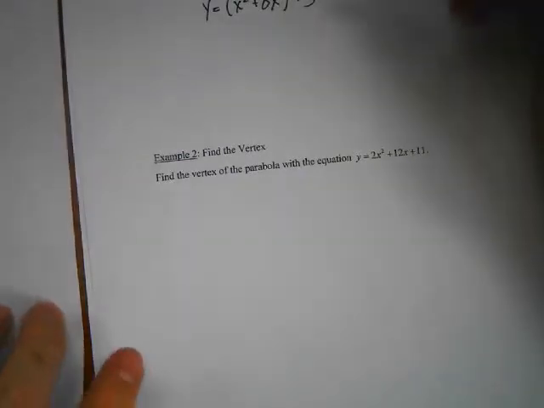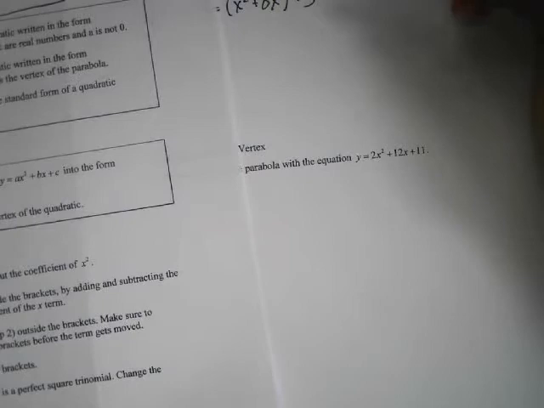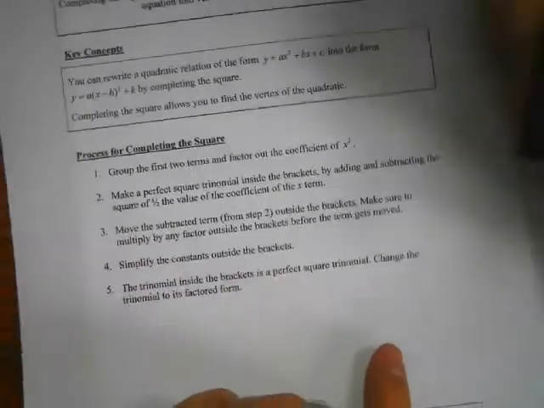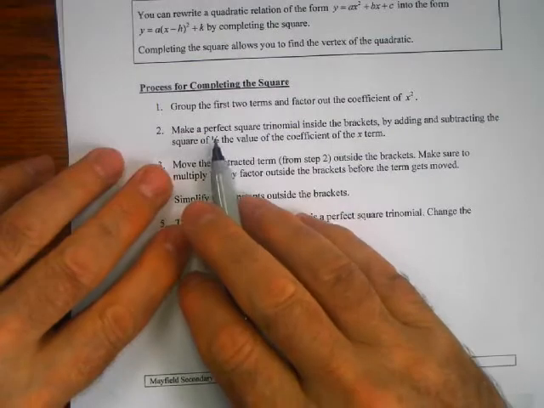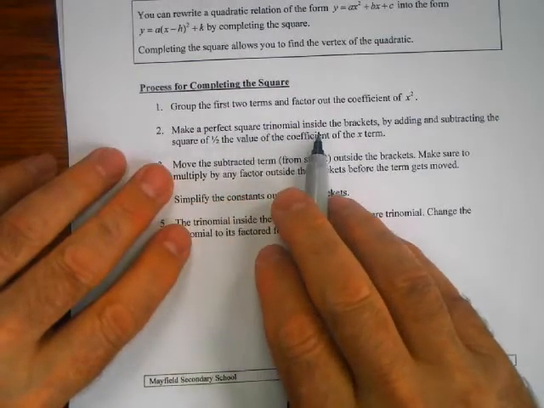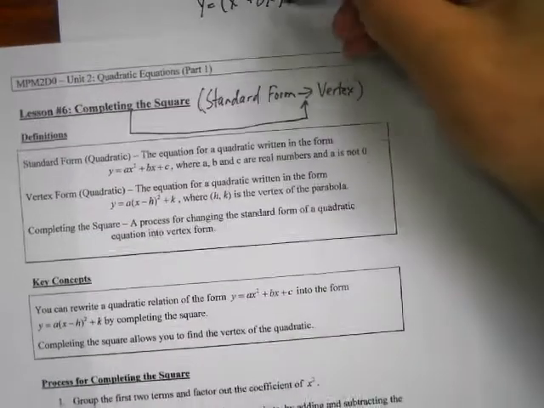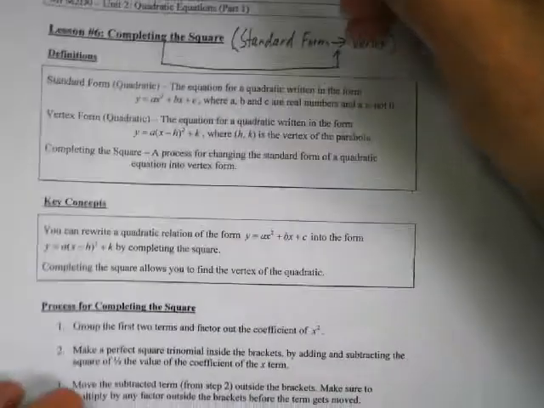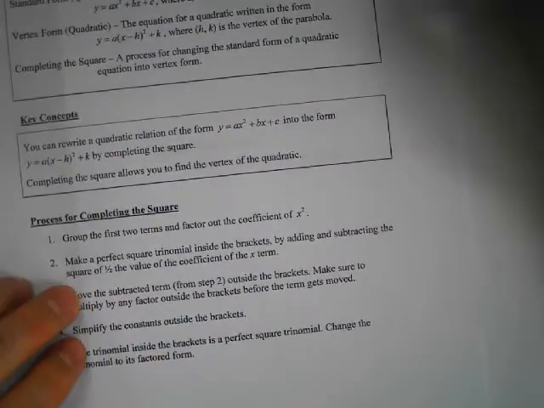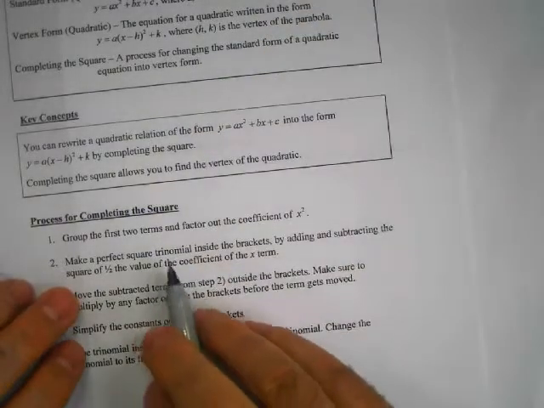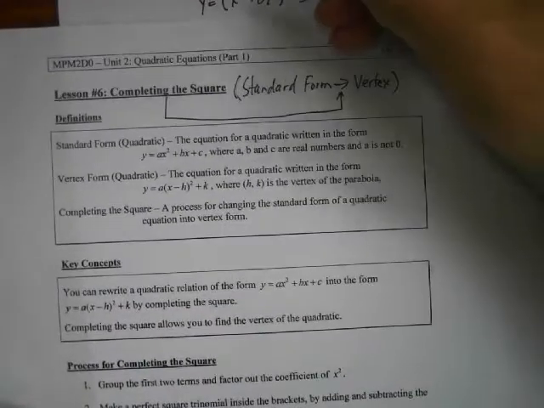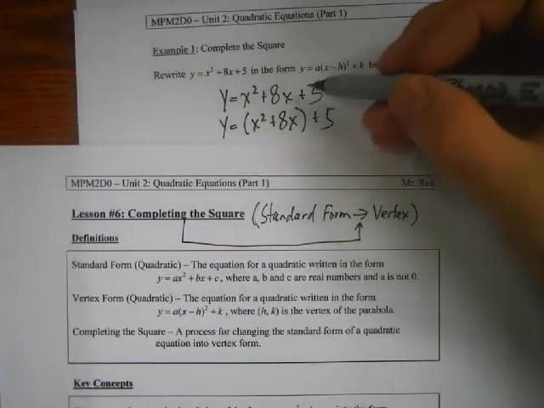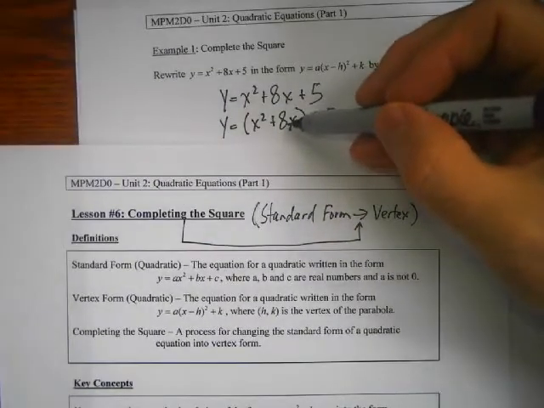Here's where we're going to complete the square. There's a little formula here. It says make a perfect square trinomial inside the brackets. So we're creating a third term that will make it a perfect square. What we do is take half the value of whatever that coefficient is.